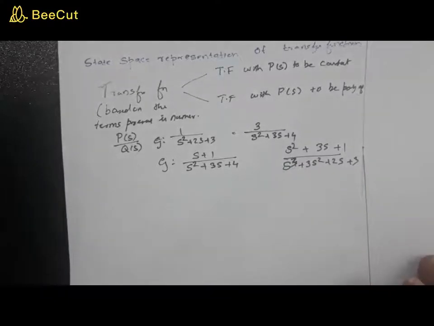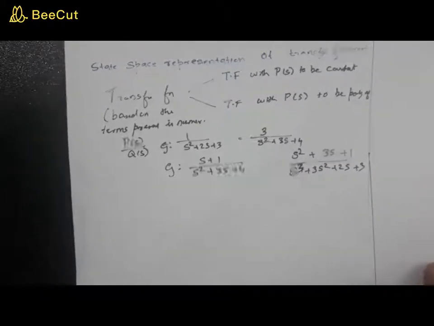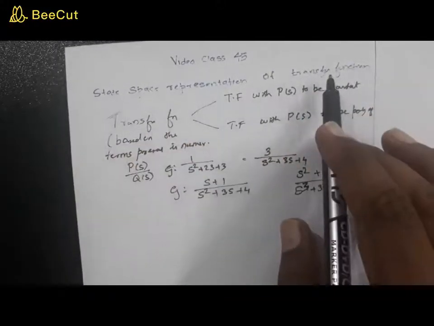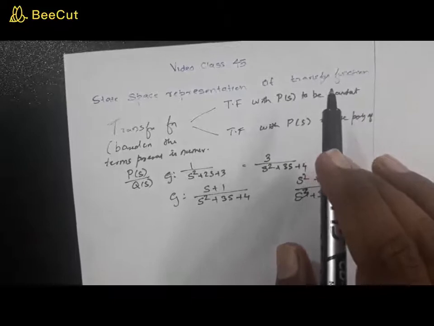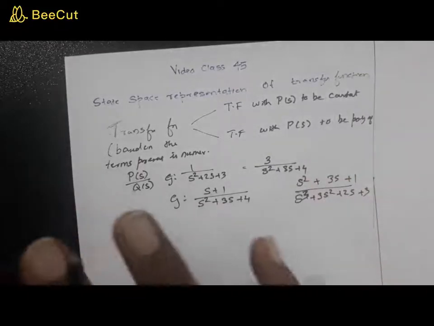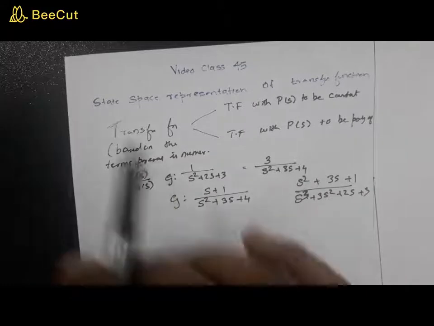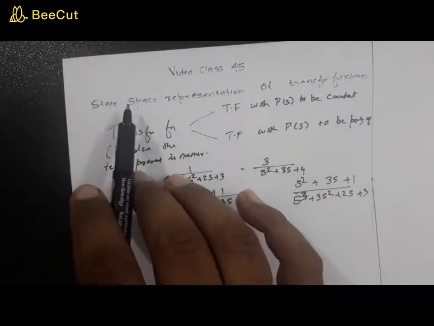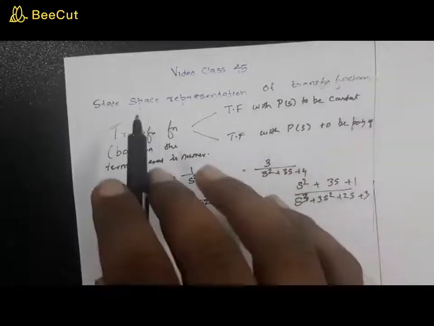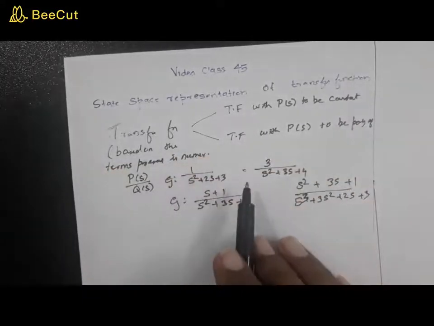Now, if you are given the transfer function, you will be able to derive the state space representation. A transfer function also describes a system, and it is possible to obtain the state space representation of that system from the given transfer function.